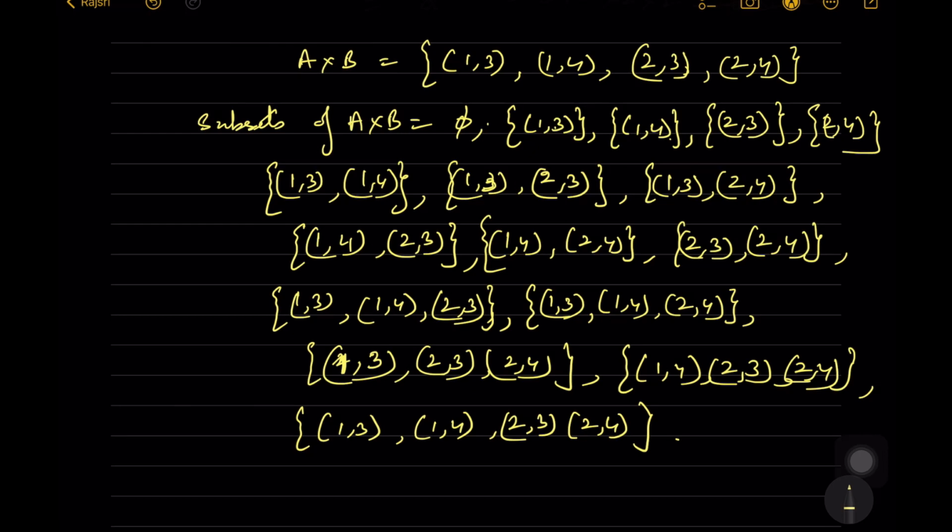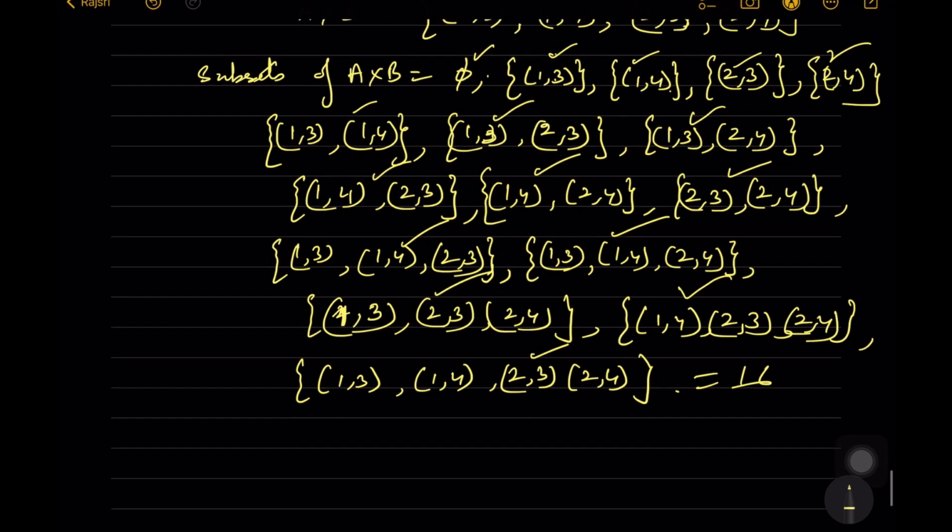So these are all the subsets of the given set. Therefore you can count and see 1, 2, 3, up to 16. So totally you have 16 subsets of A cross B.